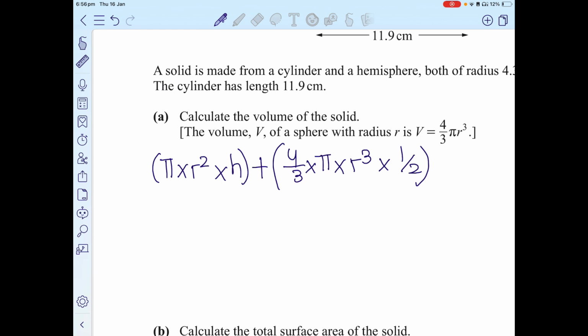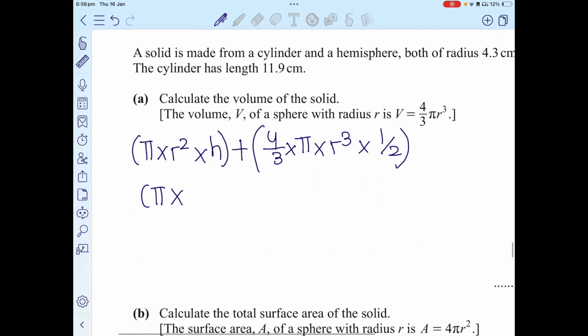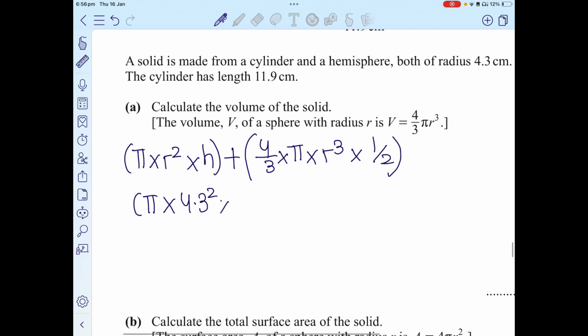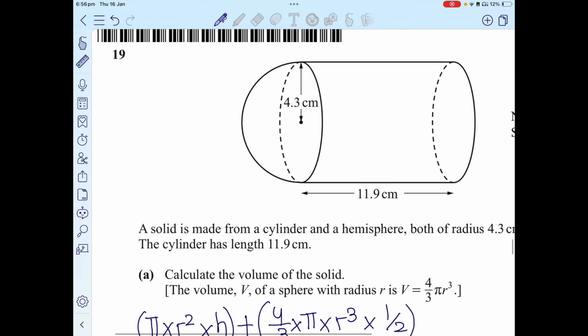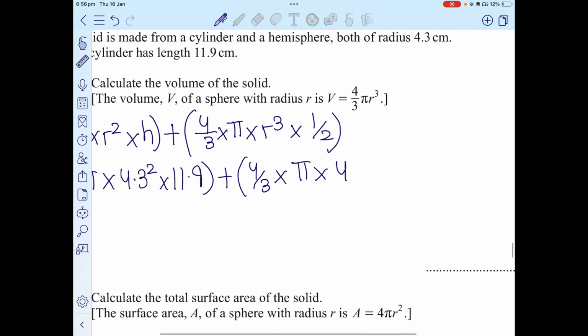Now we simply take the values, pi into the radius of the cylinder, that's 4.3 squared, into the height, which is 11.9, plus 4 by 3 into pi into r cubed of the hemisphere, which is 4.3 cubed into half.